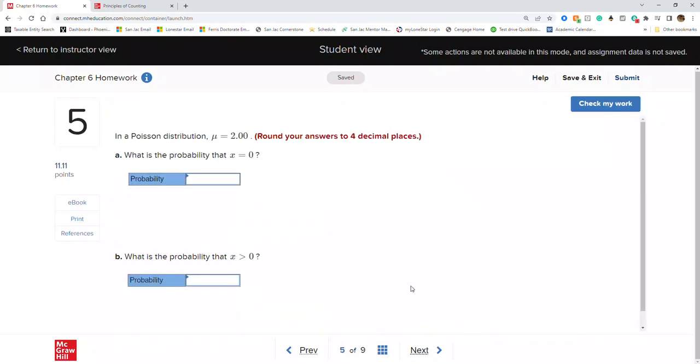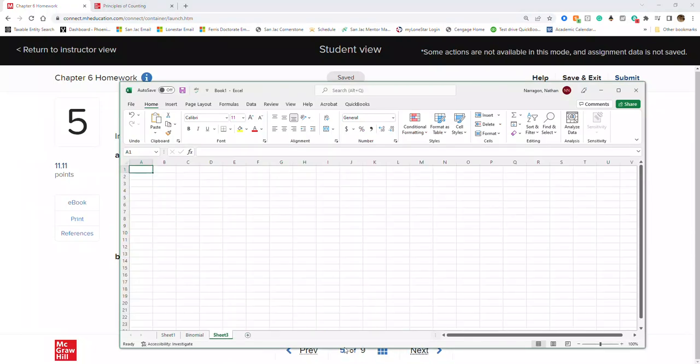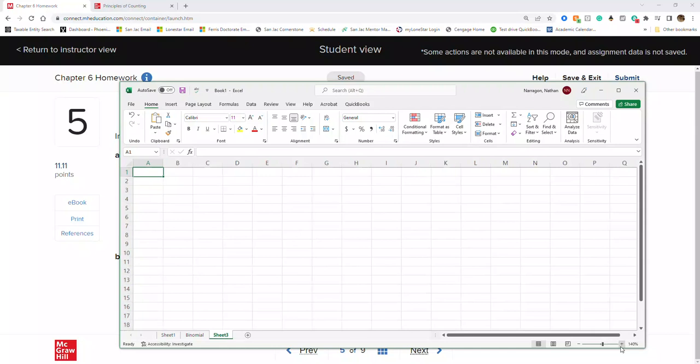Next, question 5. This one is now using Poisson's distribution. So it gives us mu equals 2.0. Okay, and again, we can use Excel. So using Excel, creating a new sheet.